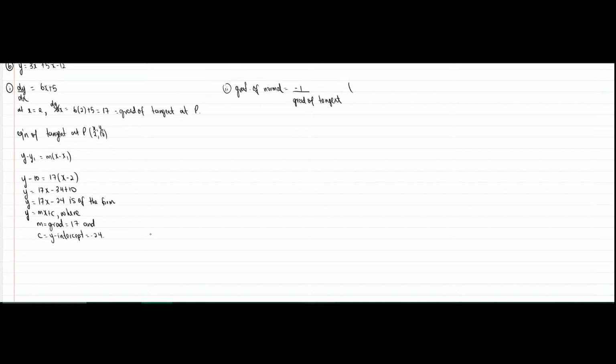Why, you might ask? Because the product of gradients of perpendicular lines is minus 1. Minus 1 over 17.